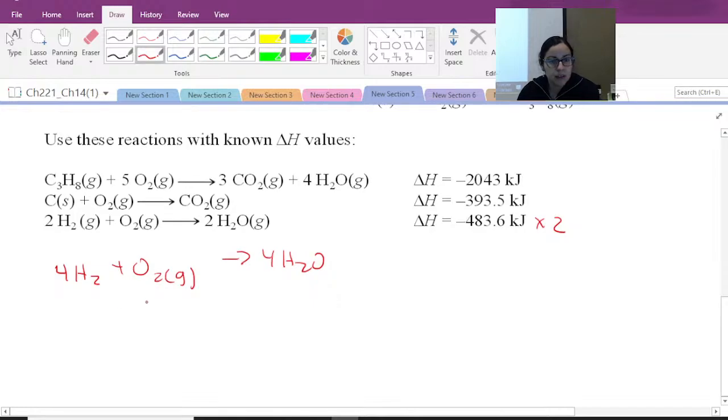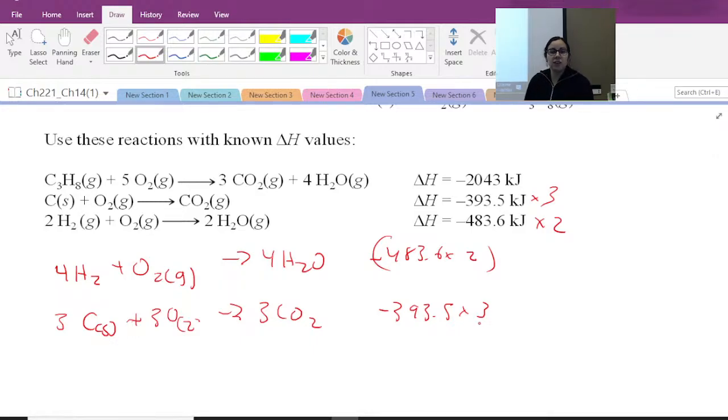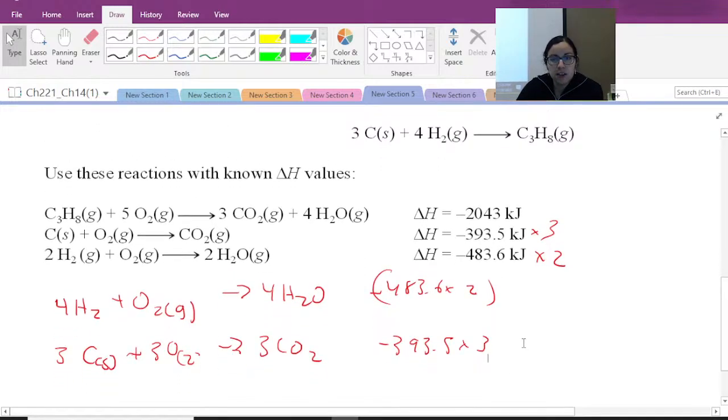So we said 3 of the CO2. Trying to just keep track of what we did. Then what else do we need to do? I like where this is going, but we still need to get propane.